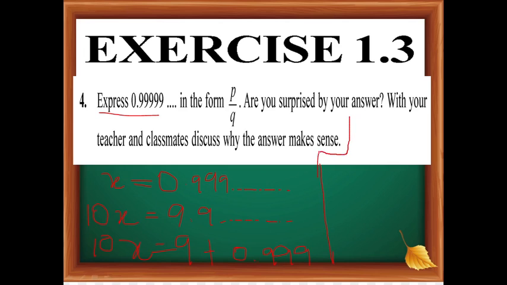I will continue the steps here: 10x as it is, and then 9 plus x, because here we have put x as 0.9 bar, and both are the same.